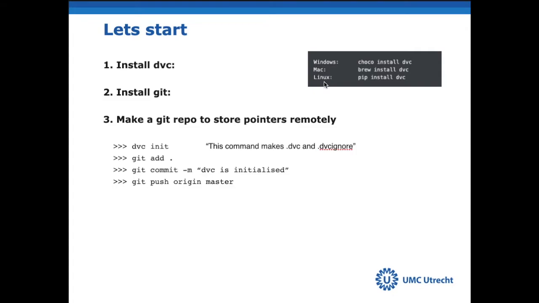And if you're on Linux, you can use pip install, but you can also use pip install for all of them. Then you first make a Git repository to store the pointers remotely. We're going to store the pointers in the Git repository, and we're going to store the data itself on my workstation, on my machine.